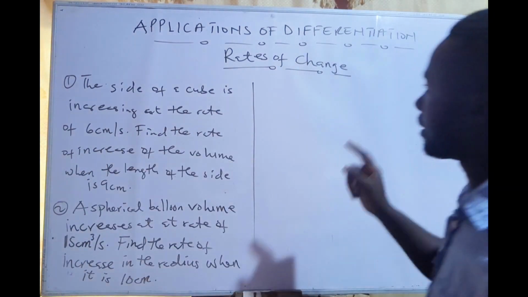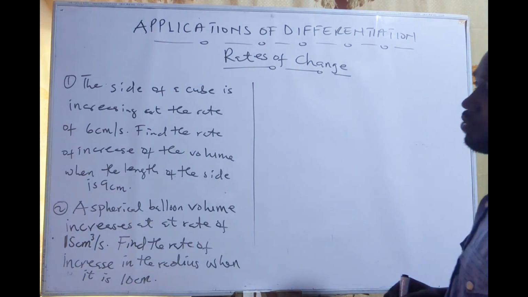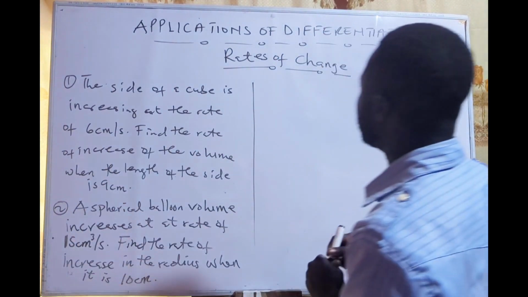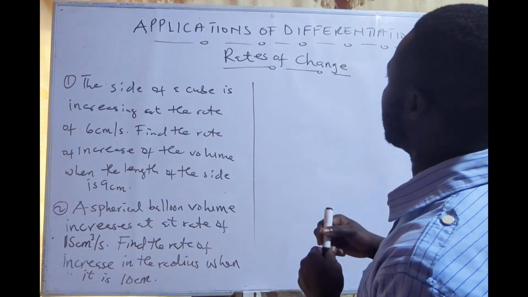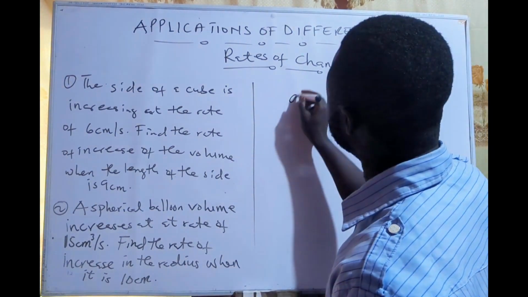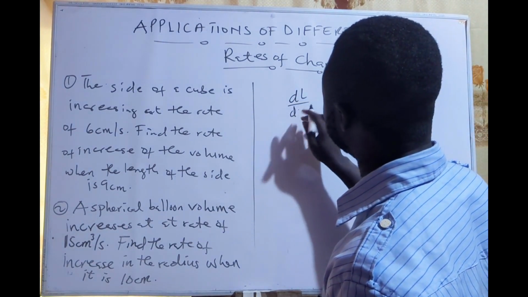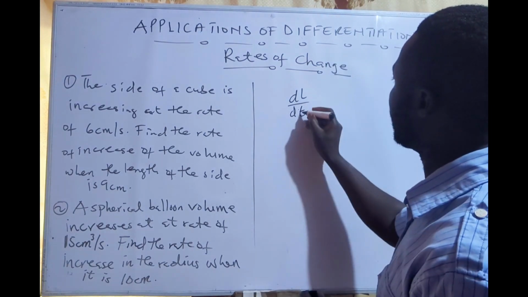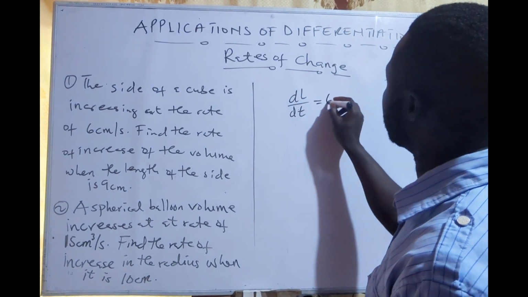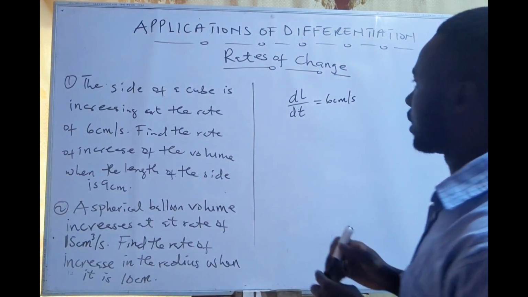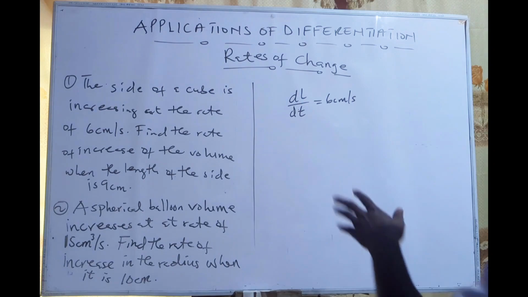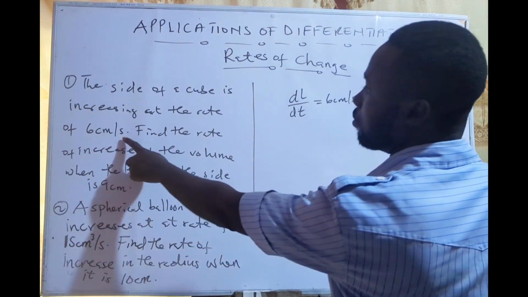So here it's talking about the side of a cube increasing with respect to time, per second. If the side of the cube is L, then this will be dL on dt, and that is 6 centimeters per second, because we are given the rate of increase with respect to time.